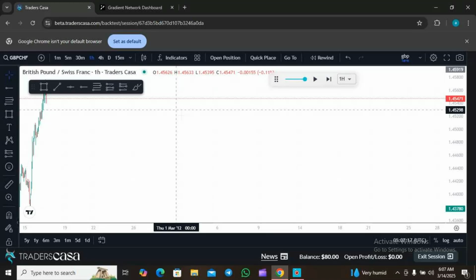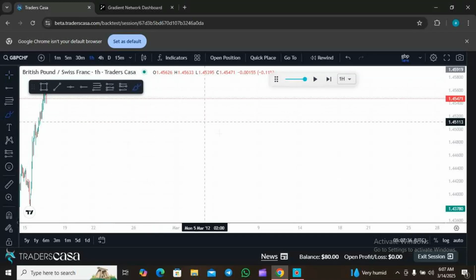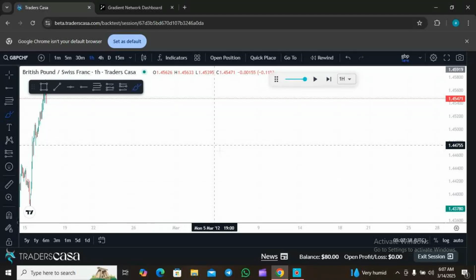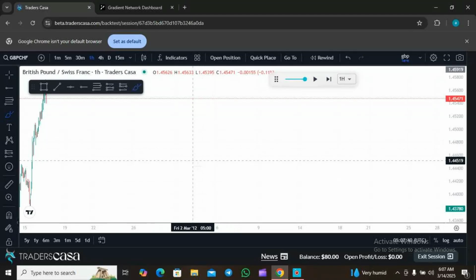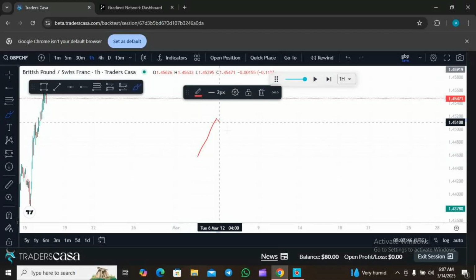Most traders wait for a liquidity sweep, you understand? But what if I told you that price can move aggressively without any sweep of the previous high or sweep of the previous low? When I'm talking about a sweep of the previous high and low, let me show you what I mean.